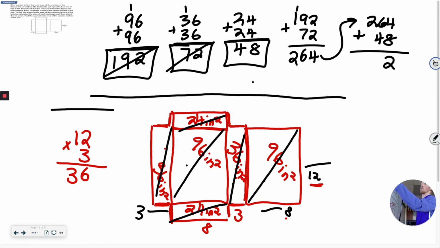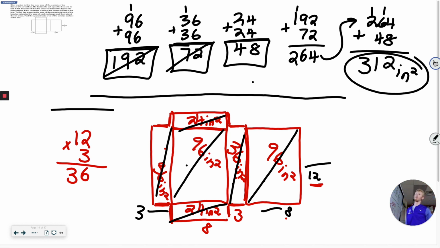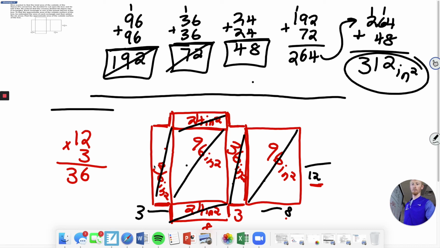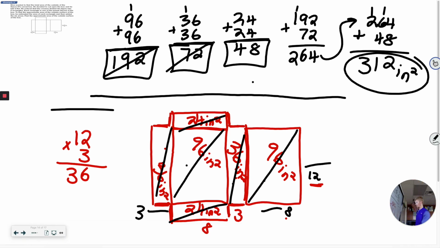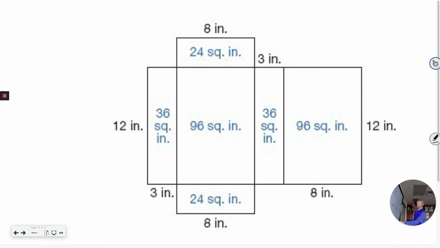That gives me 312 inches squared would be the estimate for the total surface area of the box. There you have it.